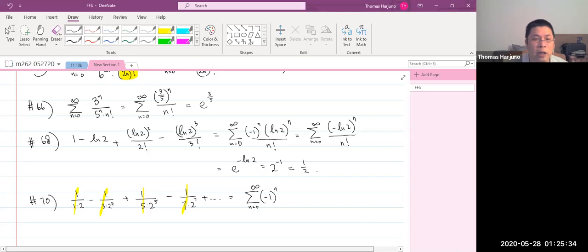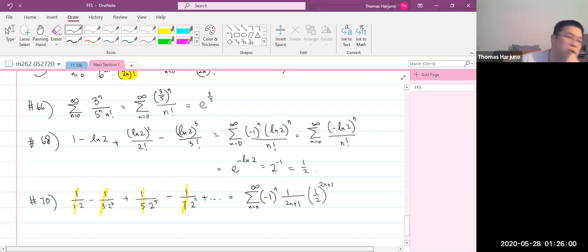Okay, and then it will be 1 over 2n plus 1 and then 1/2 to the power of 2n plus 1.